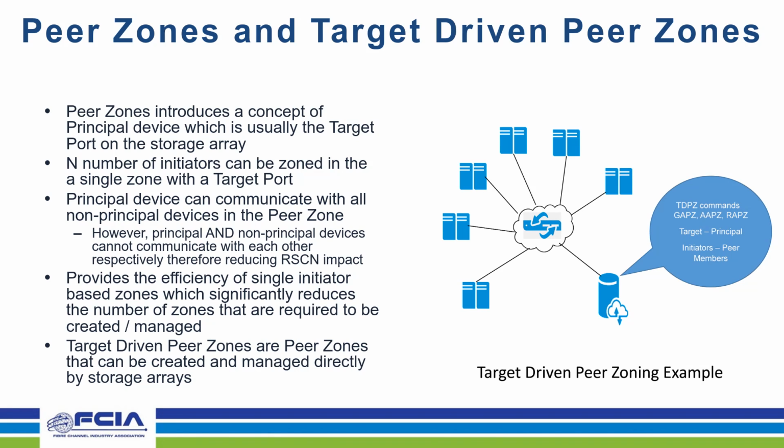You can include n number of initiators in the same peer zone. The beauty of a peer zone is that only the principal device can communicate with all the non-principal devices in the peer zone. In most cases, even the principal device cannot communicate with another principal device in the peer zone. That way, you get all the benefits of single initiator zoning, yet you reduce the number of zones.